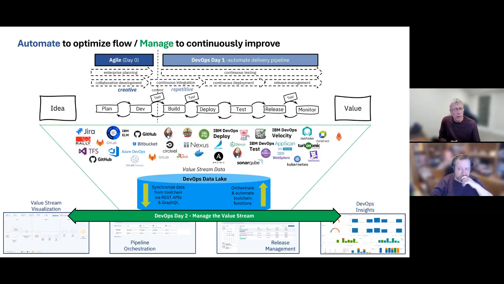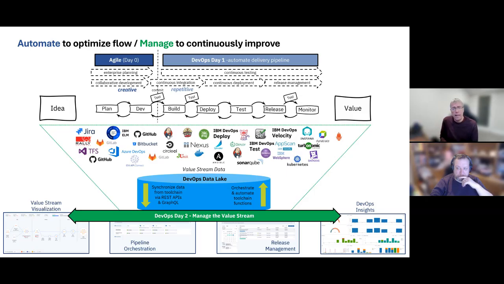So we start off with a work item, and Chris showed that. He created a work item, and that item showed up in the backlog. And then it was selected for development. And then as a developer created some code against it, it showed up under review and then built, and so on.